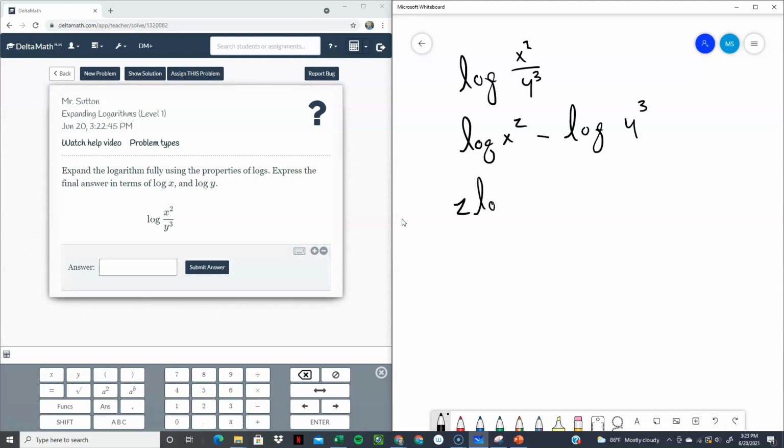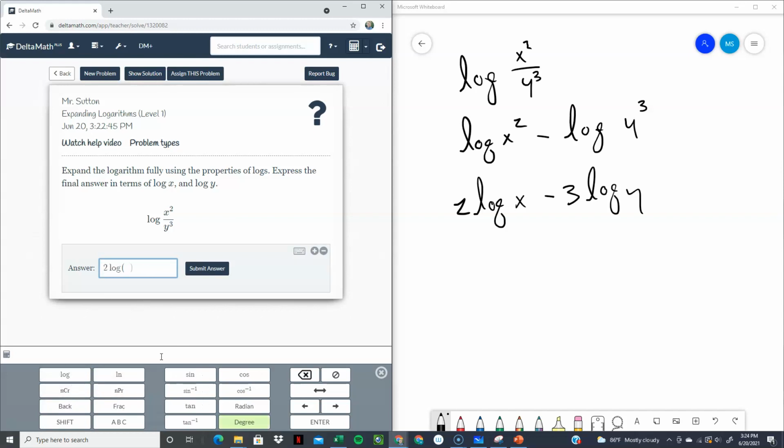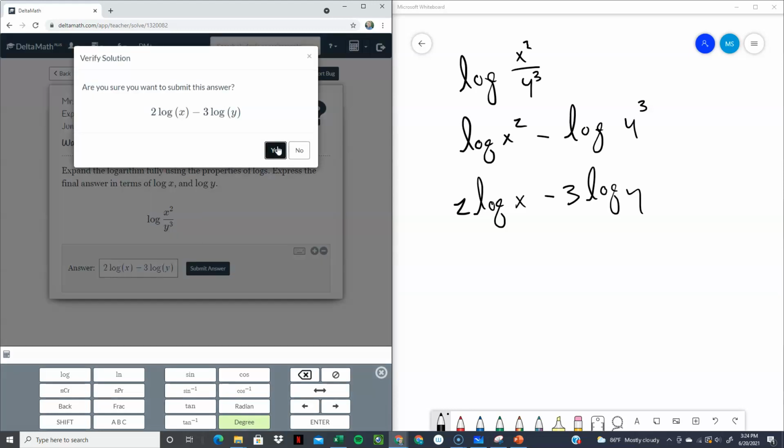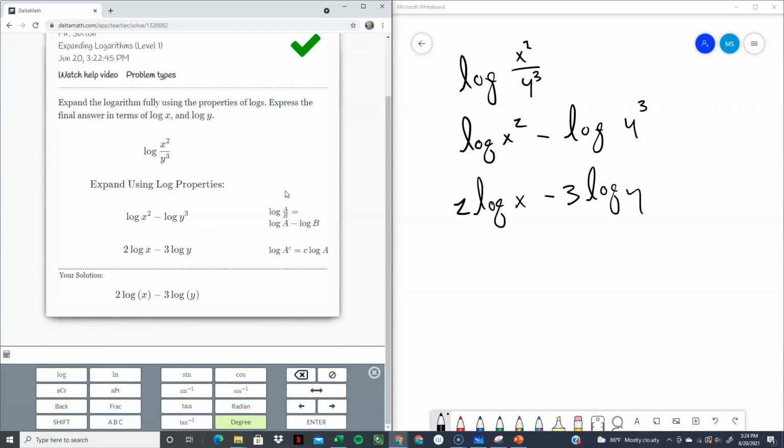This is basically just the reverse of what we've been doing in the previous problems. So that would be 2 log of x minus 3 log of y. Let's submit that. Good.